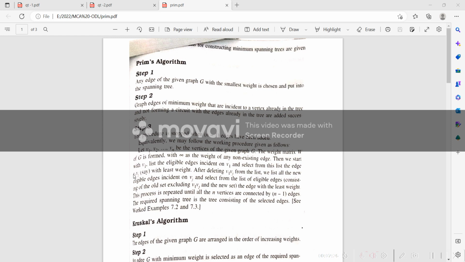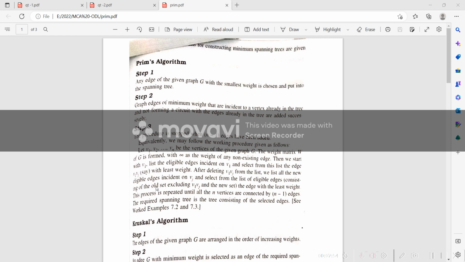Then we should take into account the edges which are incident with vj, except this v1 vj, because that one is already selected. Okay, among that list, that is some set of edges incident with v1 and edges incident with vj.